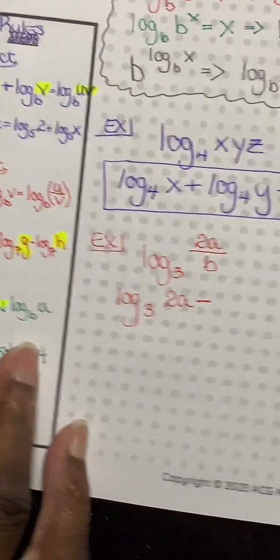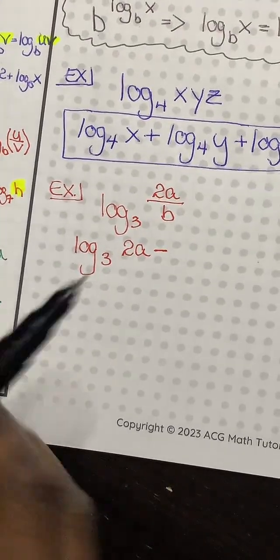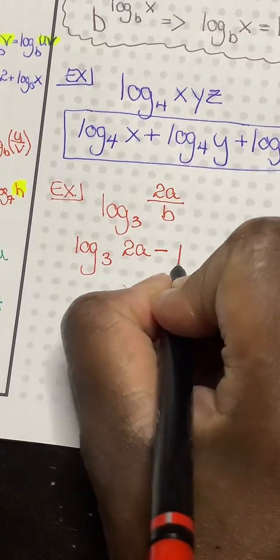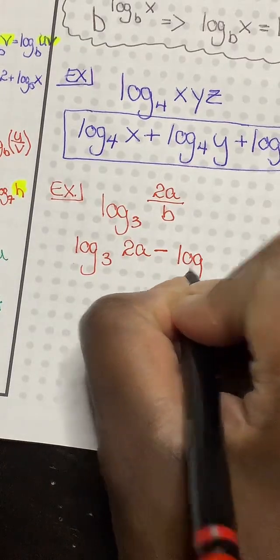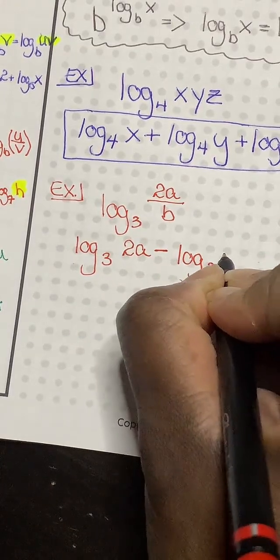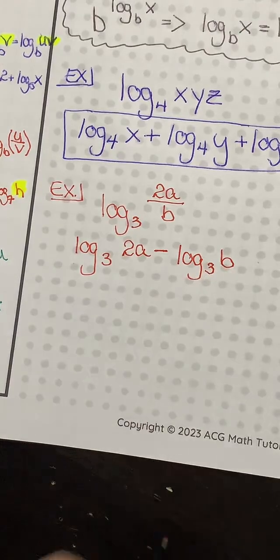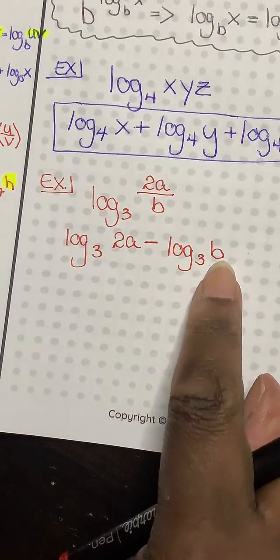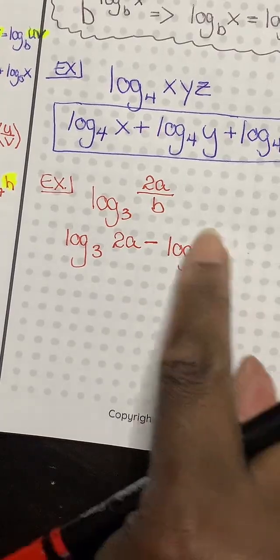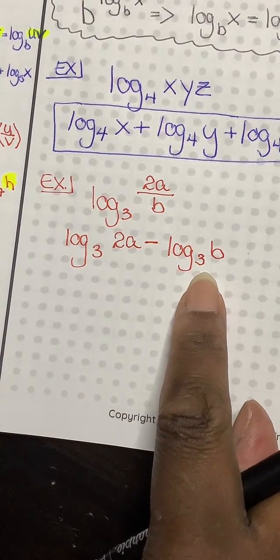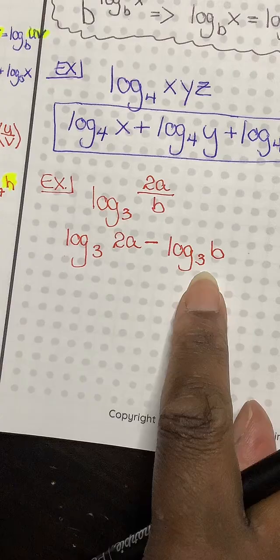So now I have my log base 3 of b. This log base 3 of b, that's the lowest I can go. I can't expand that any more.